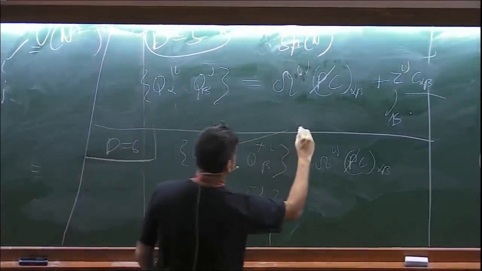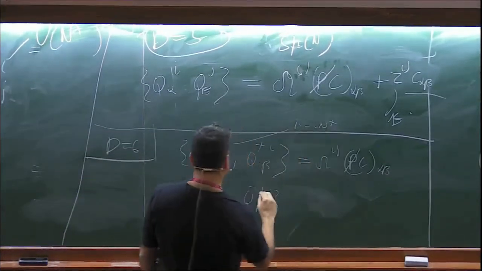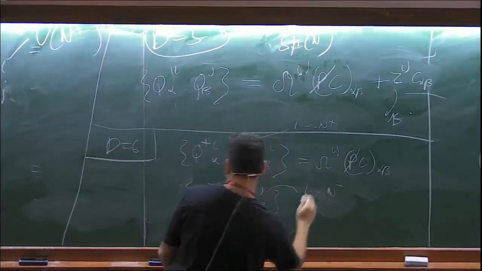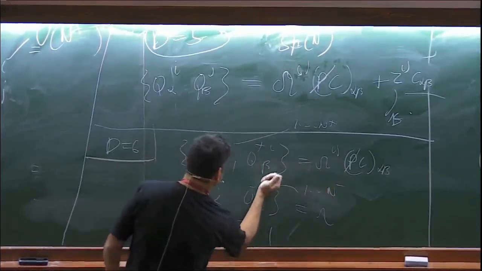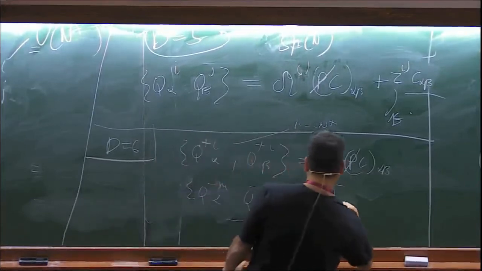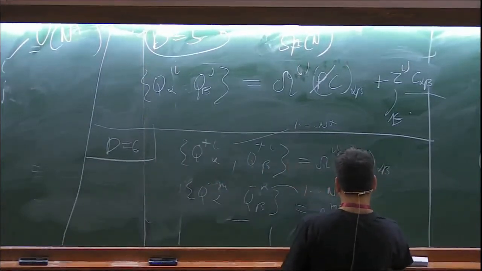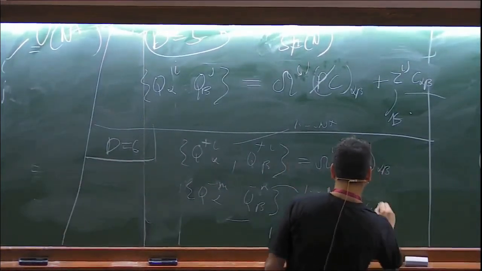Okay, this runs from 1 to n plus. This runs from 1 to n minus. Okay, it's equal to omega, let's call this mn, mn P slash C alpha beta.